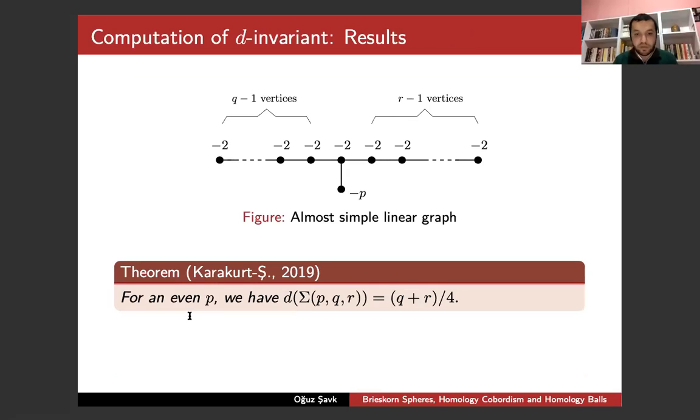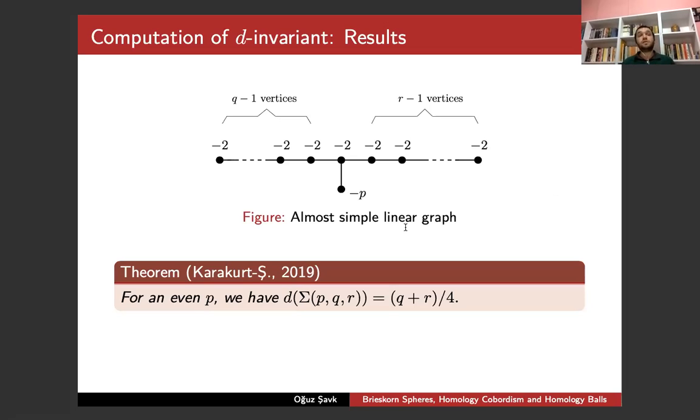Together with Karakurt, we first proved that for even integers p, the invariant is equal to QR plus Q plus R over 4. Actually, this theorem does not depend on the previous analysis, because as you see, if p is even, then all vertices are even, which means your Brieskorn spheres bound an even intersection form.